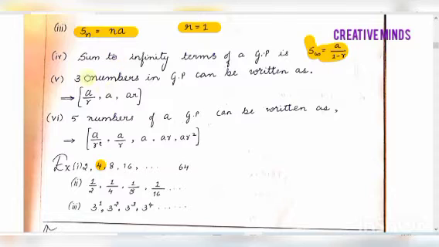Now, any three numbers in GP can be written as A by R, A, AR. This is used in some problems, I will explain later. The next remark: five numbers in GP can be written as A by R square, A by R, A, AR, AR square. This is also used in some problems, so I will explain later.